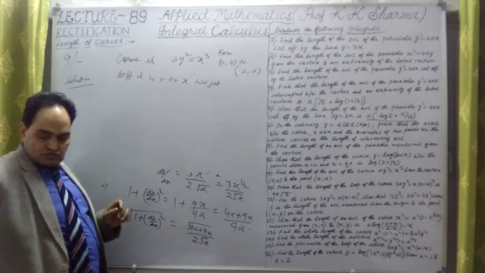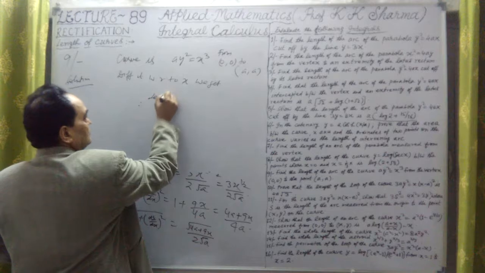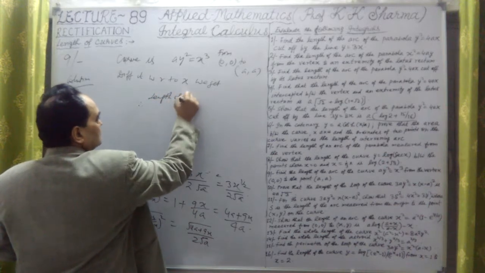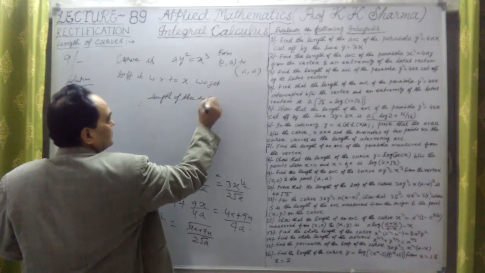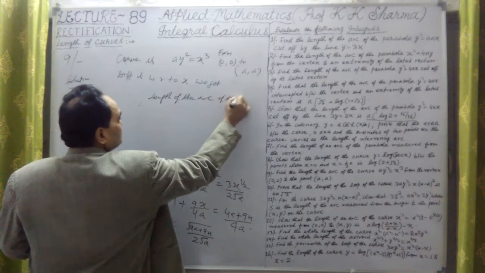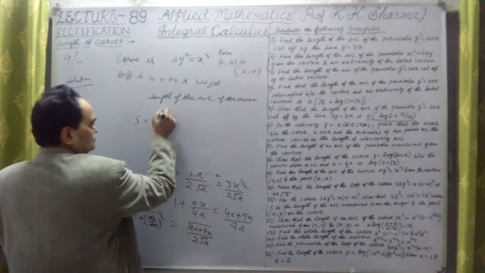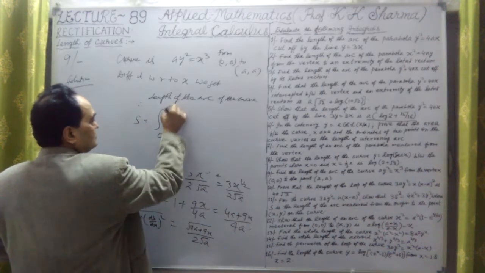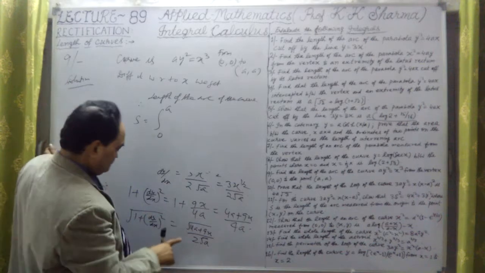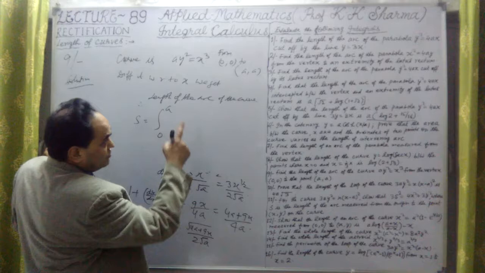Therefore, the length of the arc of the curve is given by s equal to the integration with limits 0 to a. Here the x limits are calculated; x ordinates we have to take.